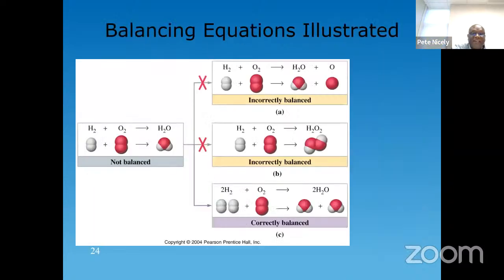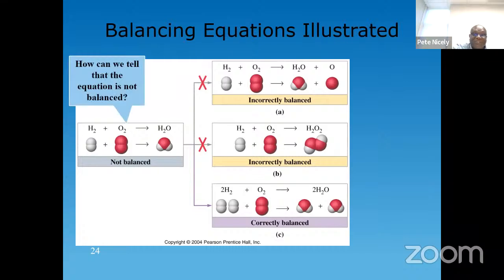Okay, now let's get into the actual important aspect of balancing equations. If you remember, in the previous chapter we talked about the law of conservation of mass. Just to remind you, that law says that in any chemical reaction, the total mass of the products will be equal to the total mass of the reactants.